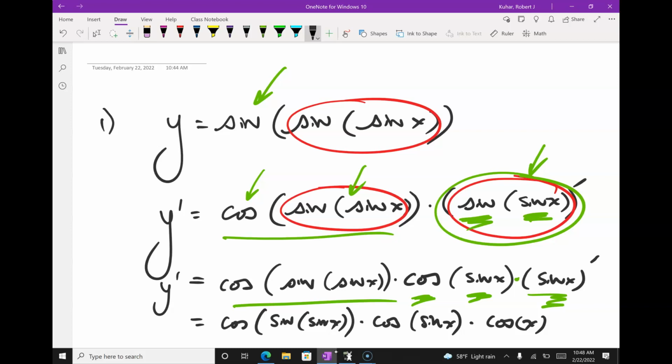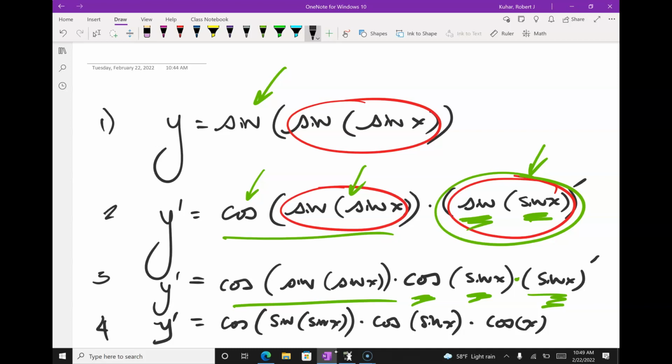One more time? Yes. How do I know? Well, when I'm working on things, I'm going to look in the book and see if it's the right answer, or on Symbolab. And if you think about it, I have an inside that has an inside, right? I have to make sure I keep taking derivatives of insides as they come.